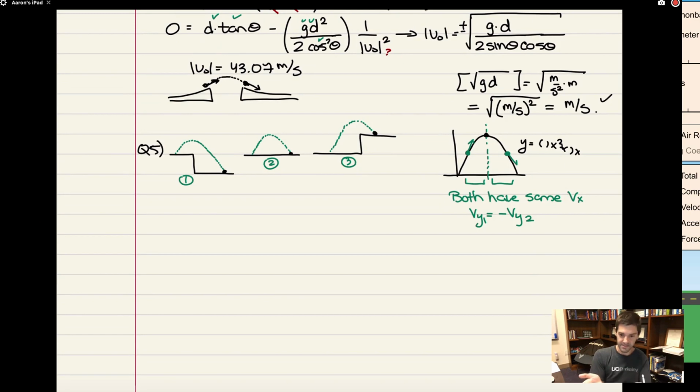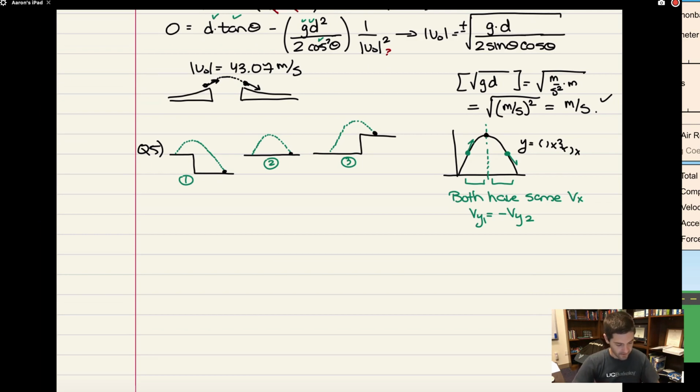But their vertical velocities are perfectly mirrored from one another. If one is going up with a vertical velocity of 1 meter per second, the other point is going down with a vertical velocity of 1 meter per second. And this is true for any 2 points that are symmetrically mirrored about the center.